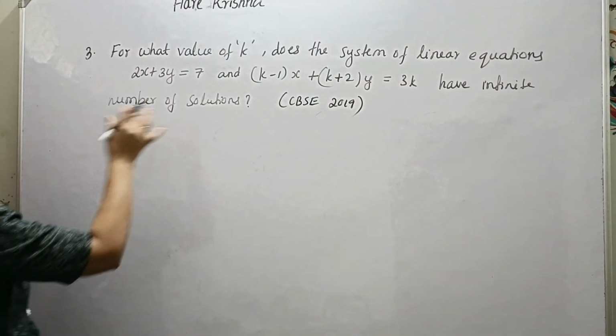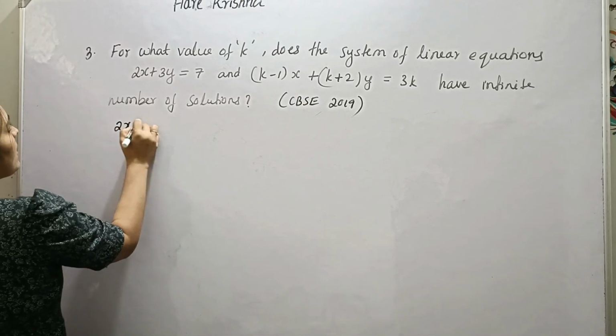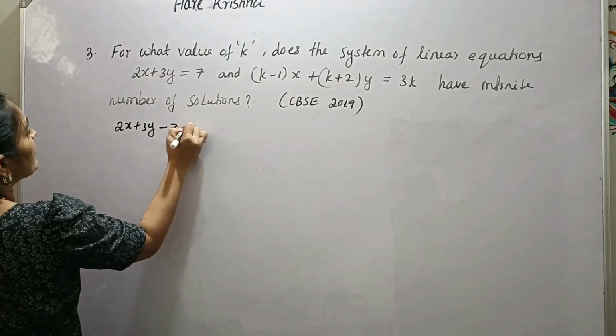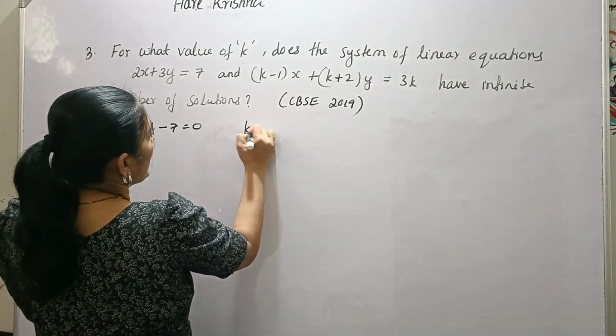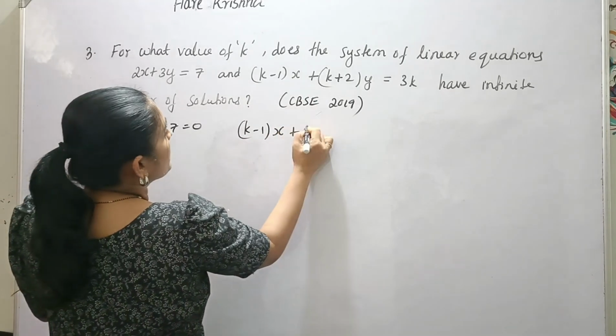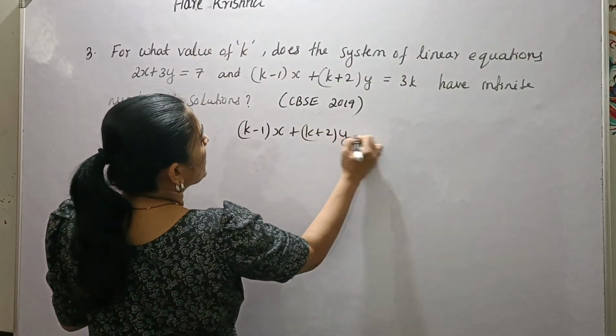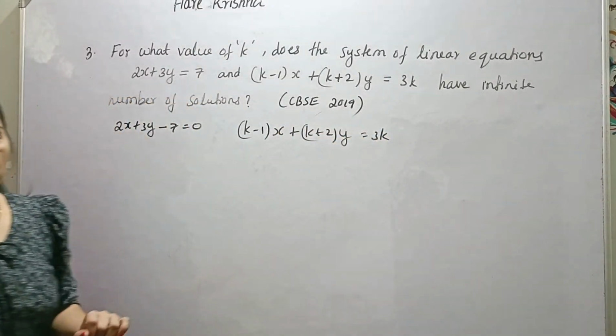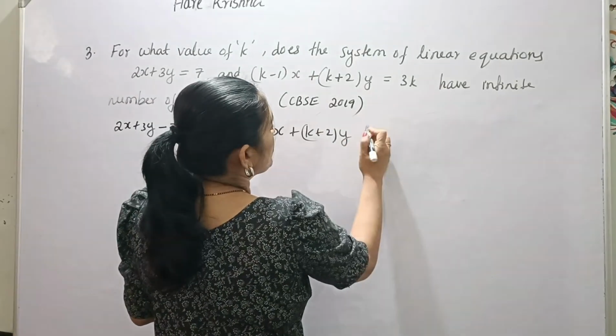First of all, let's write the equations. 2x plus 3y minus 7 is equal to 0. (k minus 1)x plus (k plus 2)y minus 3k is equal to 0.